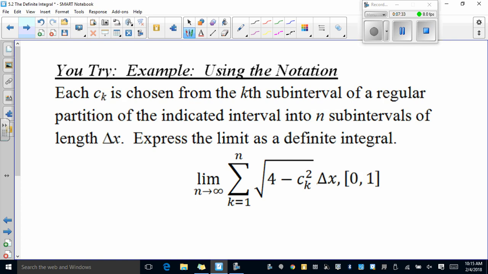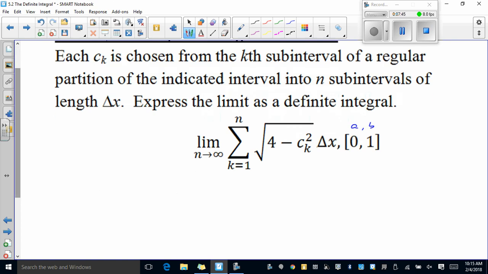We can actually ignore all of this. And so it's the integral from a to b, so 0 to 1, of the square root of 4 minus, and we get to take this guy out and replace it with x, so it's x squared dx. Done. Nothing more to it than that.